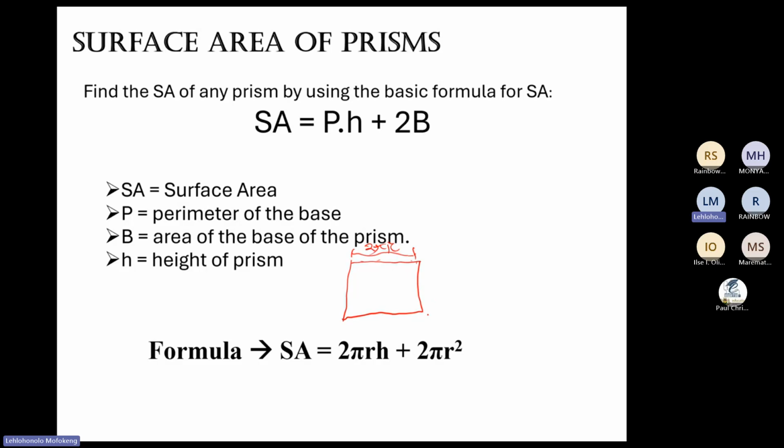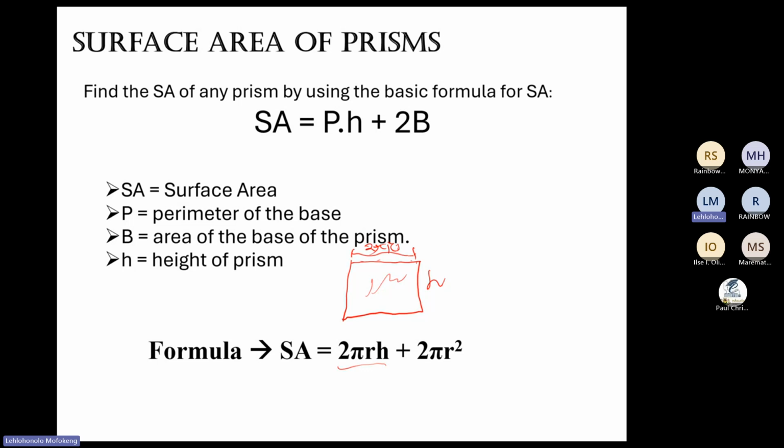And this side will be the height of the prism. So for us to get this area, we will have 2 pi r multiplied by the height.